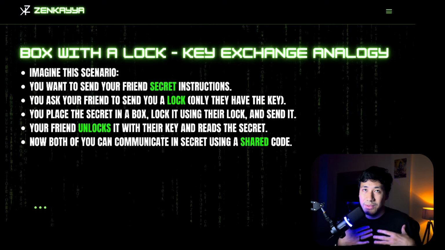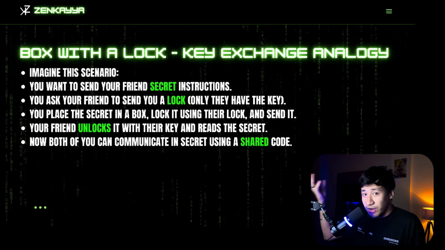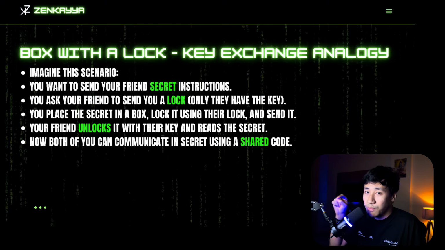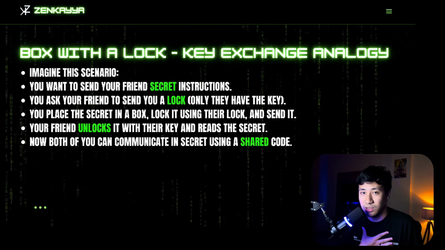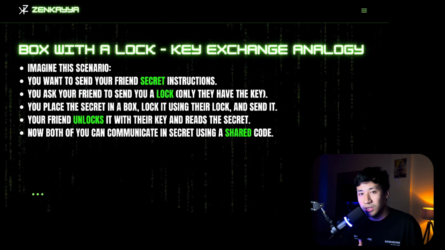Basically, imagine I am sending the box to my friend. My friend will send me the secret key in that box. The box has a lock, and the key to that lock is with me. Only I can open it. So I give the box, my friend puts the secret key in there, locks it, and sends it back to me. Then I can open the lock with my key and see the secret message.